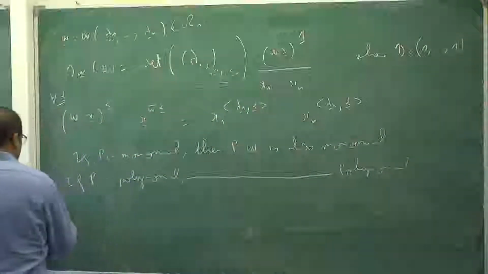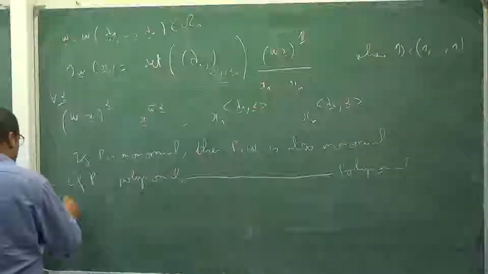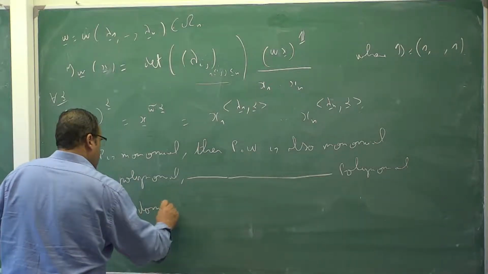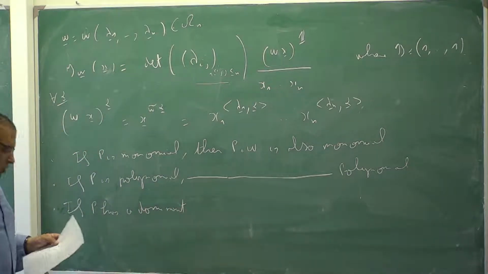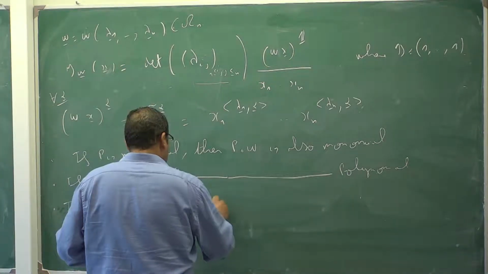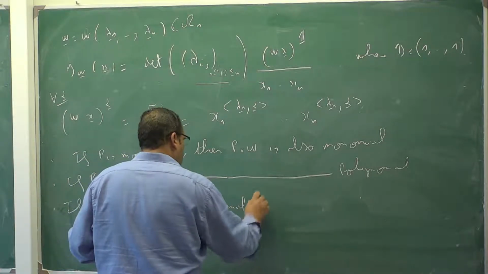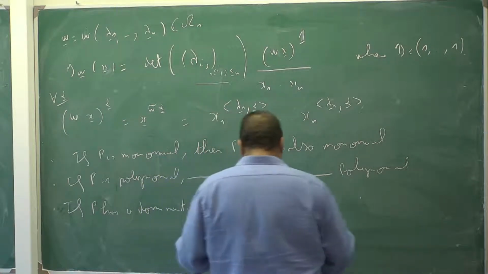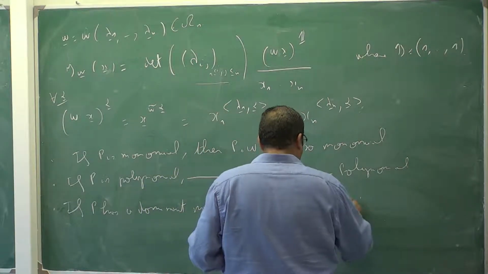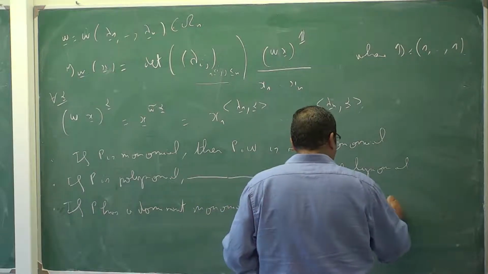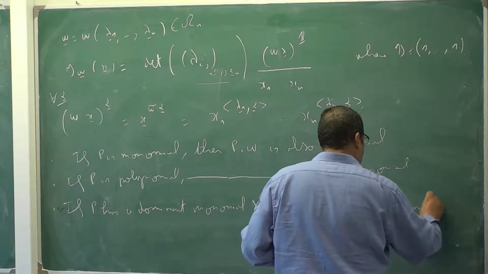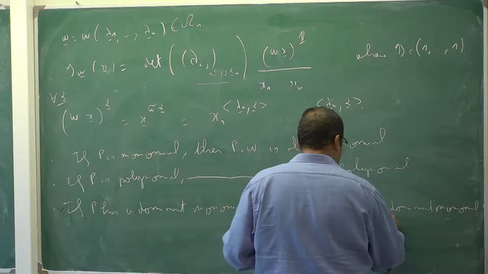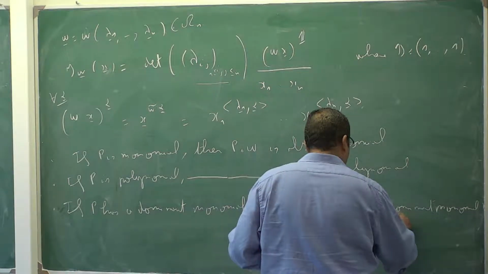And also, the third one is more important: if P has a dominant monomial x alpha, then P composed with omega has a dominant monomial, which is x to the omega tilde alpha.